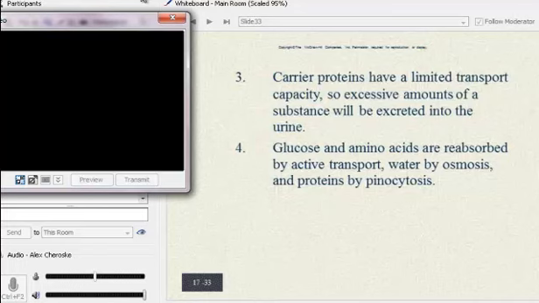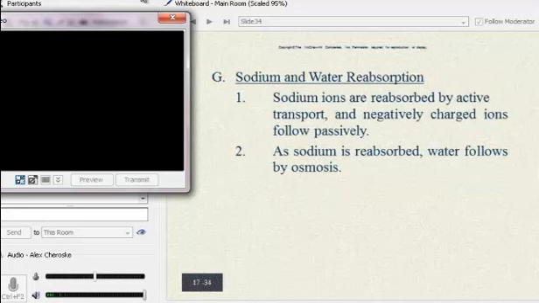But for the most part, our systems for reabsorption are really, really effective in terms of pulling these things that got filtered out back into the blood. Okay? So like I said, water, sodium, glucose, things like that are going to be pulled across.